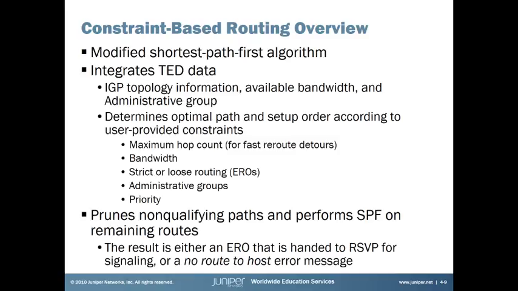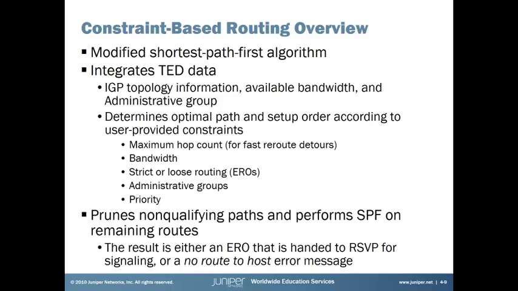And then it looks at what's next. So from what's next, it will then go ahead and create this explicit route object. So the goal of the CSPF algorithm is to create an explicit route object. That's its goal.